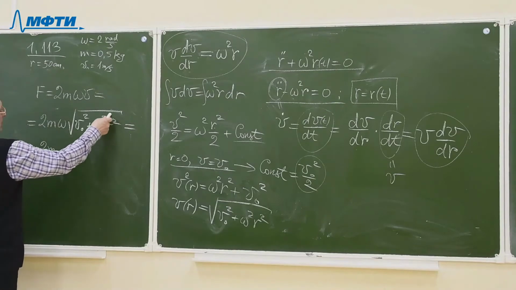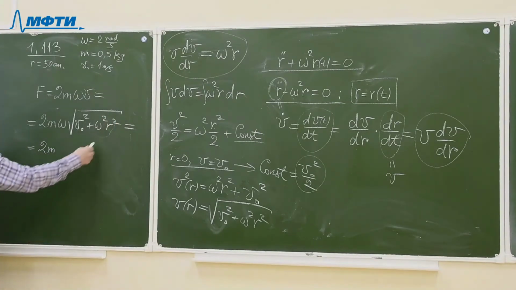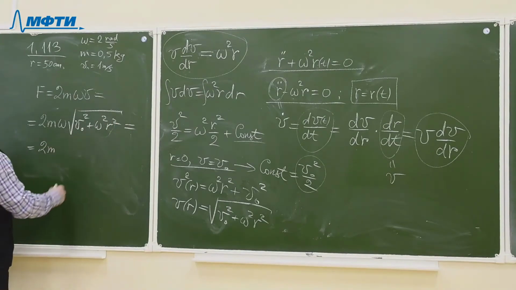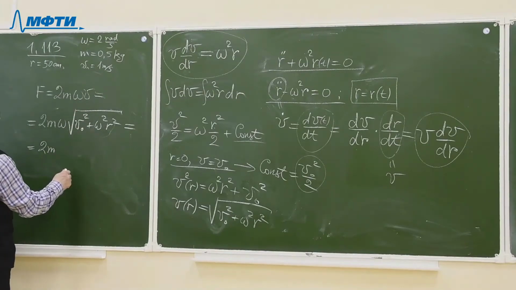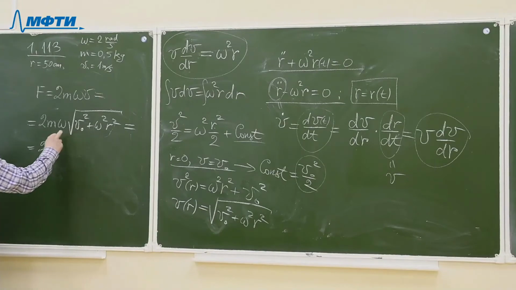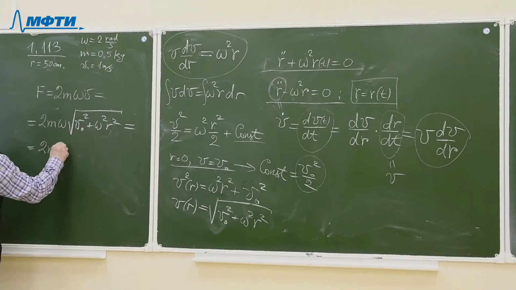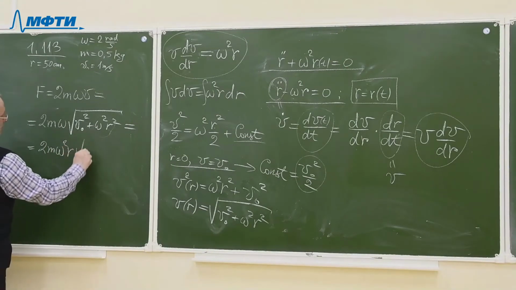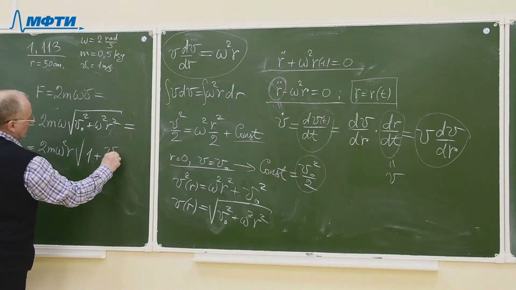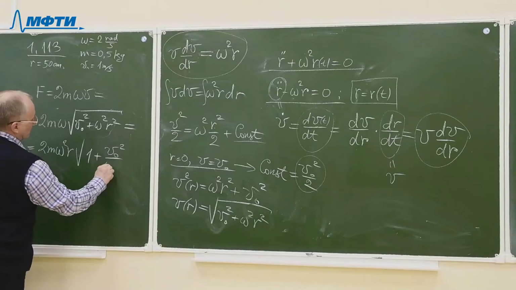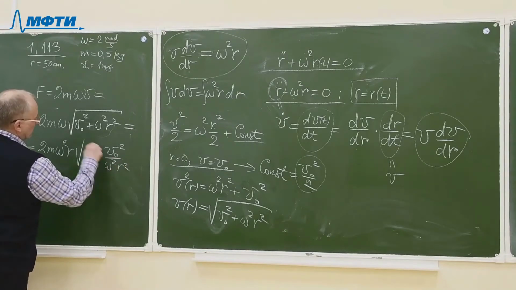I will take omega squared and r squared, I will factor the square root, and that will give me omega r here, omega squared r, and the square root of 1 plus v0 squared divided by omega squared r squared.